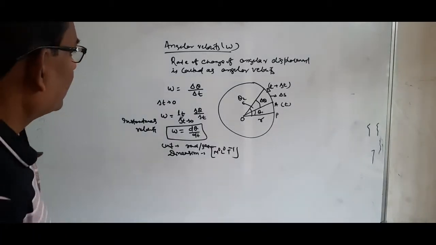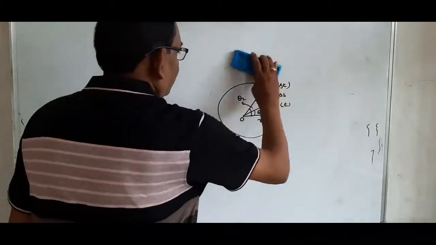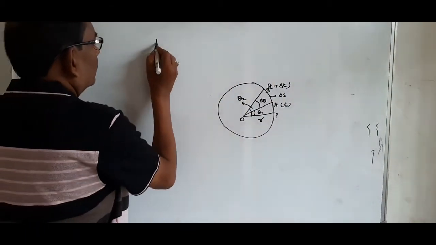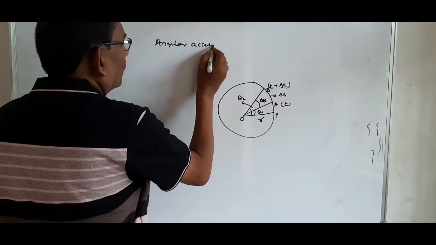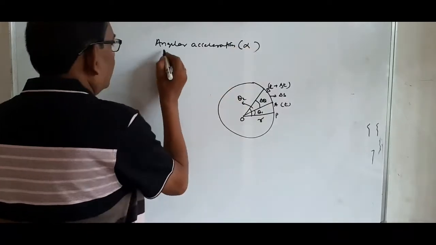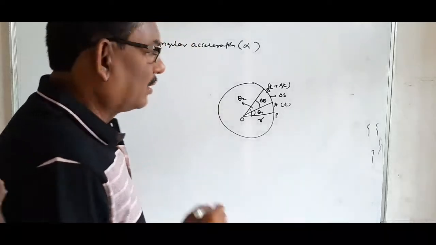Now come to angular acceleration. The alpha we define as the rate of change of angular velocity.